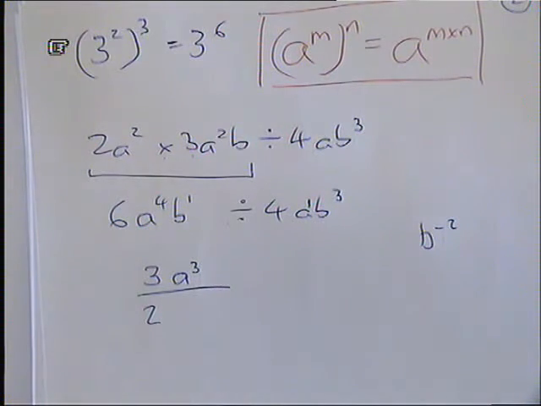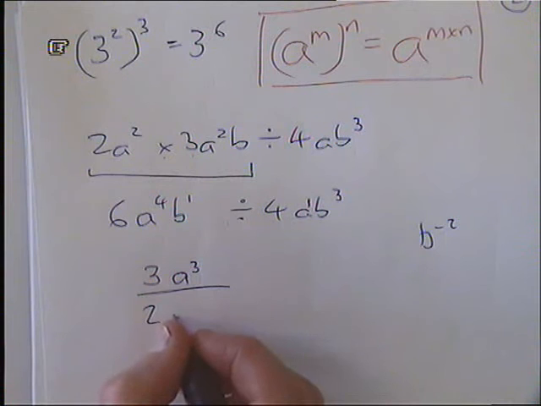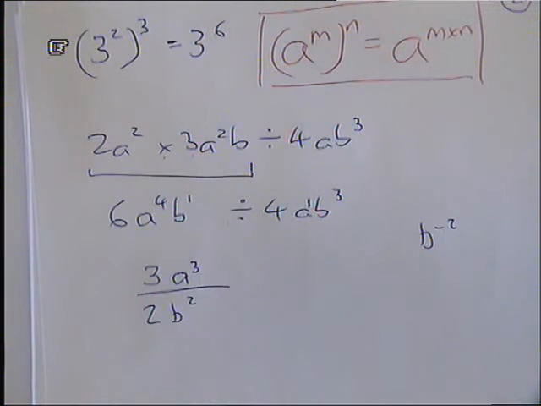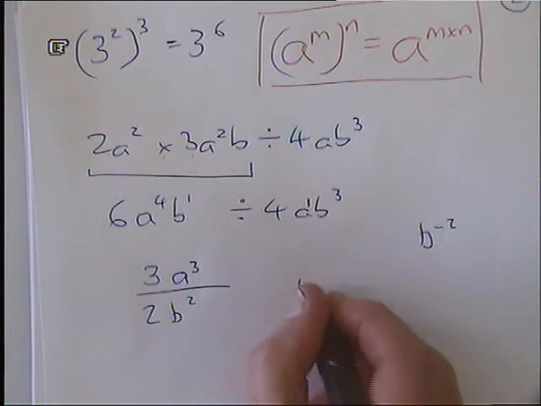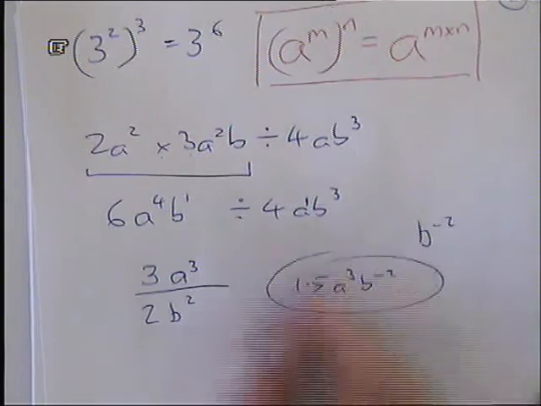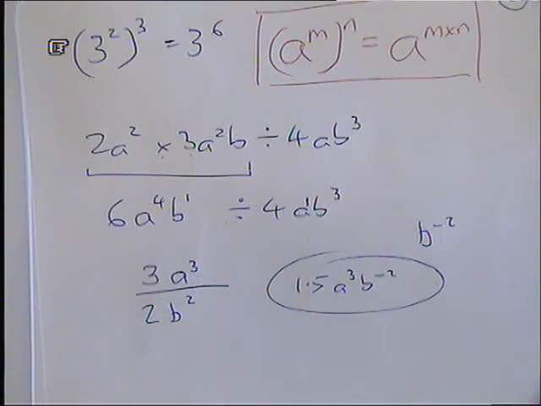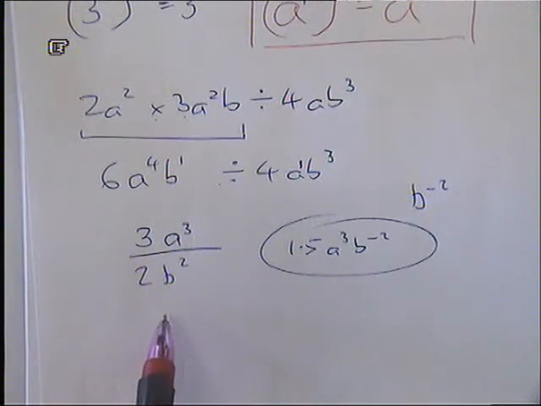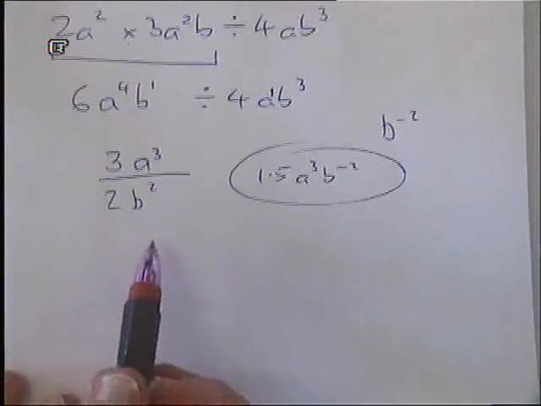But what's b to the power of minus 2 the same as? Yeah, so because it's a 1 over, I'll stick it down there. That would be the normal way you see the answer. If you wrote down 1.5 a cubed b to the minus 2, that's not wrong. But an answer book would probably write it like this. Okay?